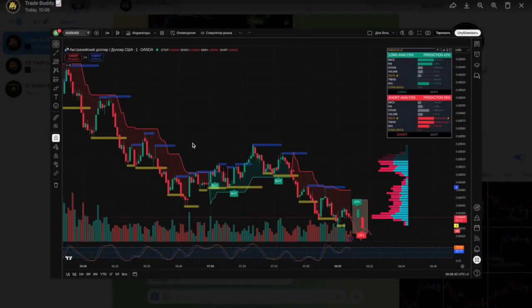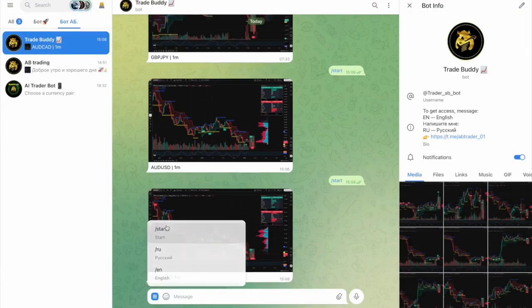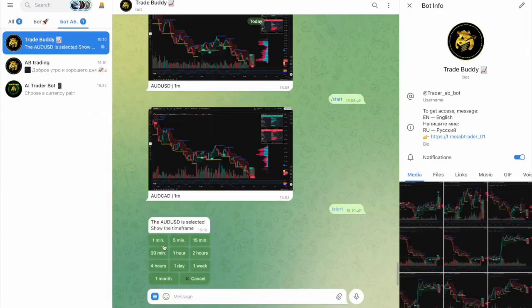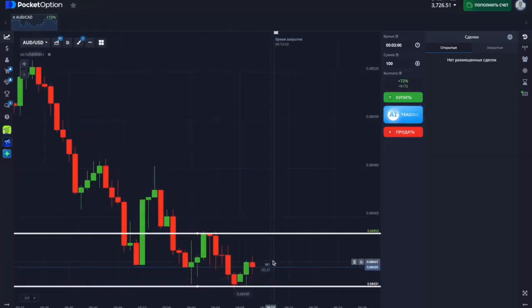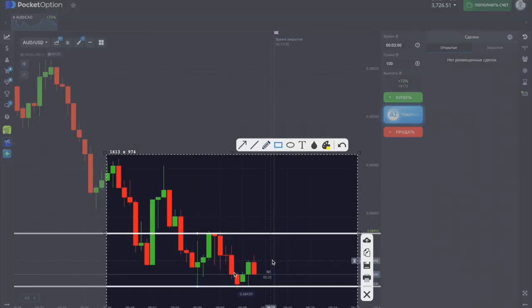AUD USD. We were working on that together, right? It directly affects your profit. AUD/USD, time frame M1. Let's wait and see what we have here. Right now, the chart is stuck between 2 levels, between the lower level, from which, in theory, a pullback should occur, and the upper level, which we marked according to the settings.